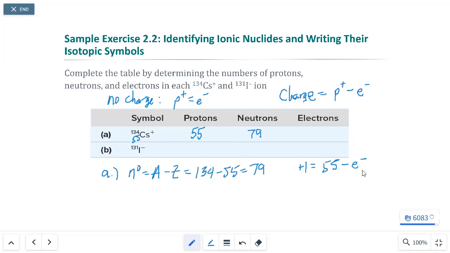And if I rearrange, so add electrons to each side, I would get 54 as my electron number.